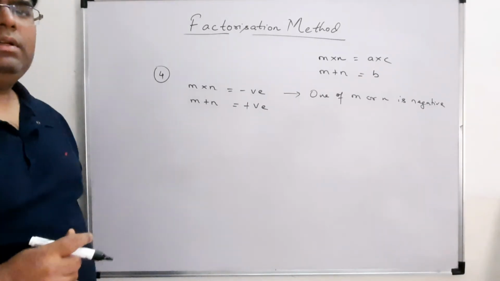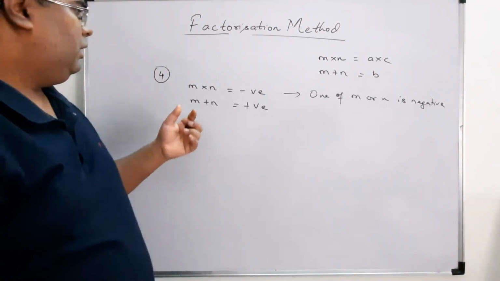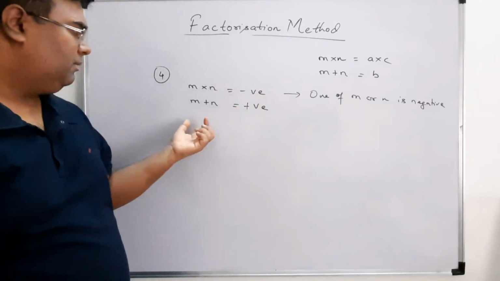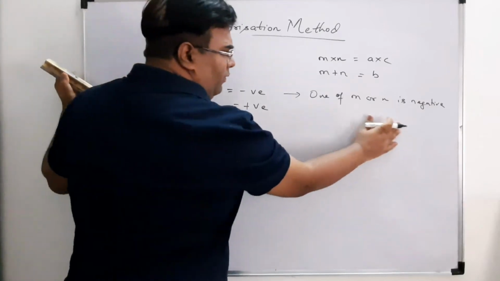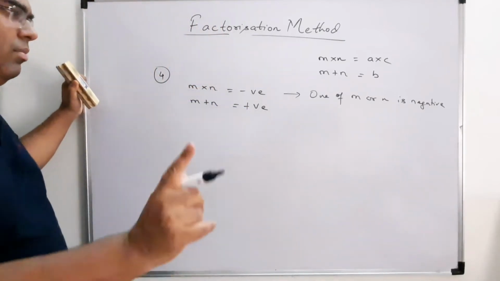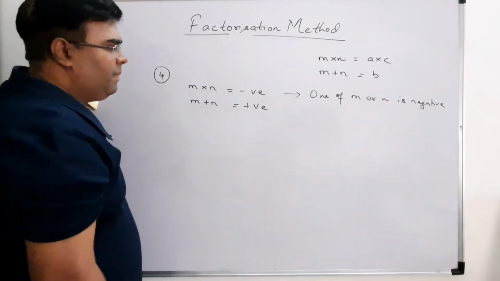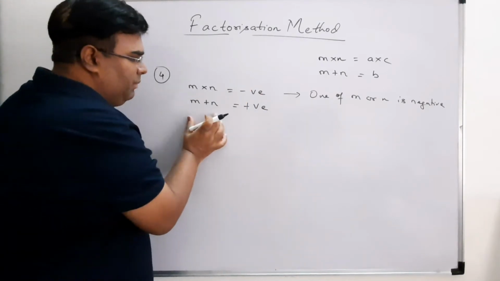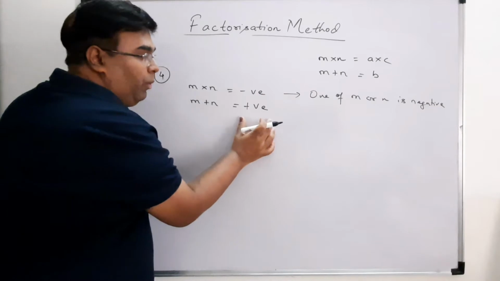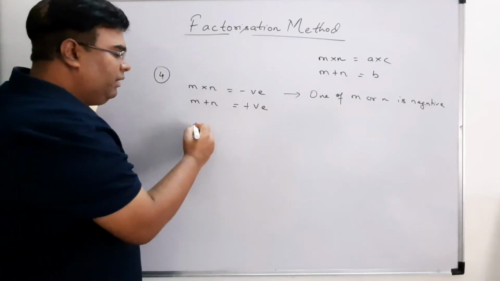Now let us take our last case, which is the product is negative but the sum is positive. The product is negative, so we can say one of M or N is negative. One number is negative, one is positive. Now if you add those negative and positive numbers, M plus N, and you are getting a positive number, see what will be happening here?